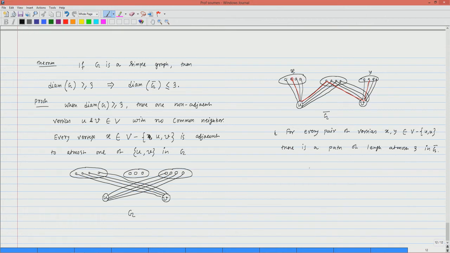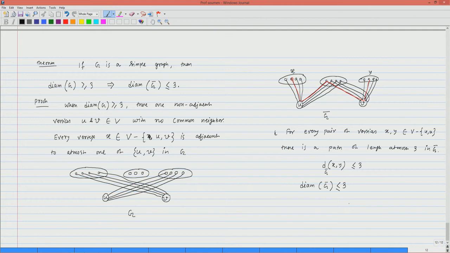So, the distance between every pair of vertices in G complement is less than or equal to 3. So, the diameter of the graph G complement is less than or equal to 3.